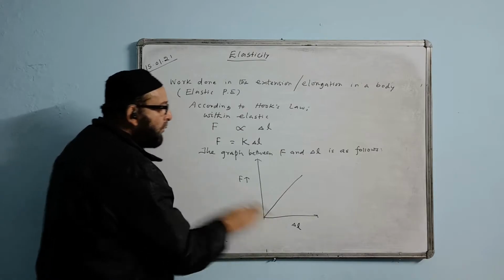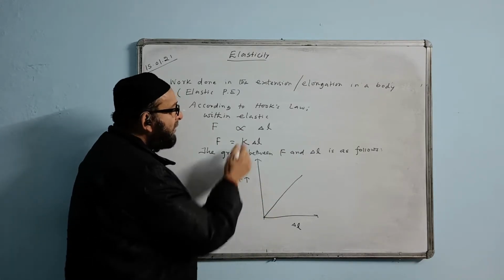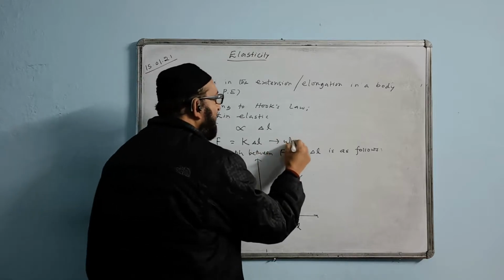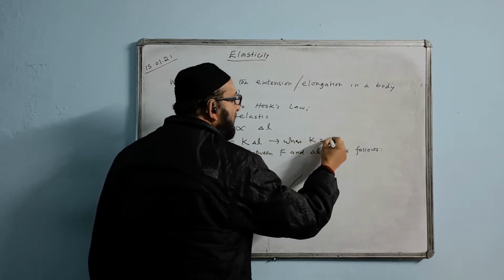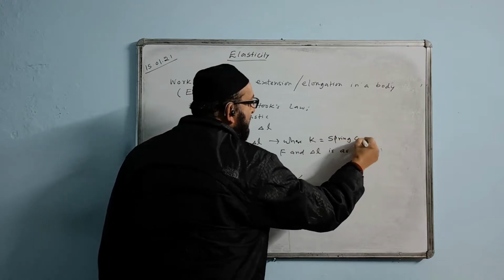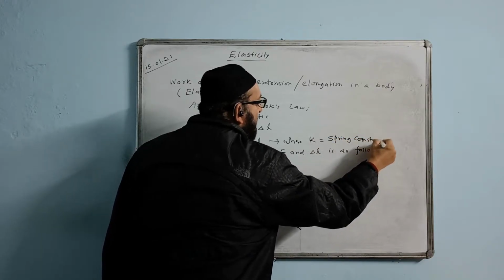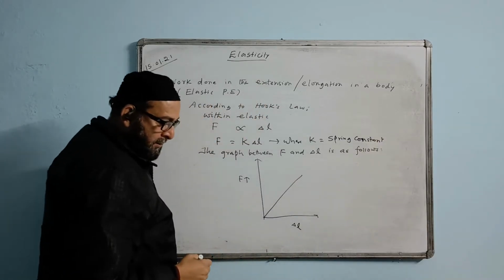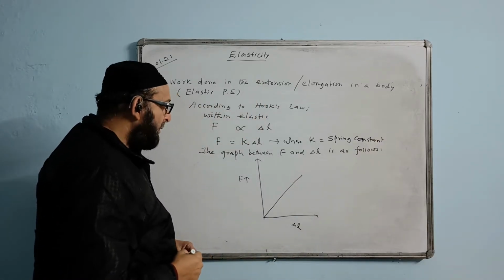If I find the slope, the slope will be the value of K, which is called the spring constant. If it is about a spring, K is the value of the spring constant.